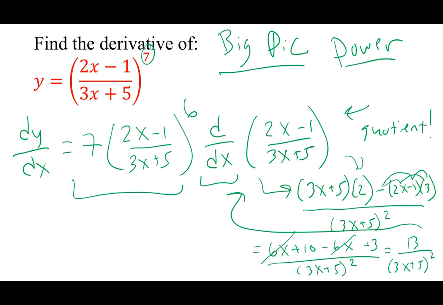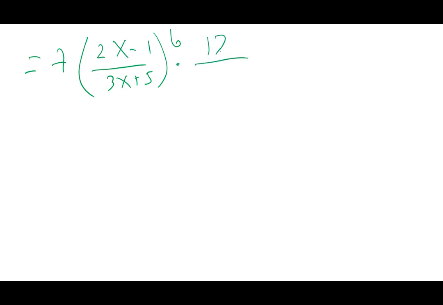So I'm going to put all that together on the next screen. The derivative started as 7 times (2x minus 1 over 3x plus 5) to the 6th. Then I had to do the derivative of the inside, which turned out to be the quotient rule, which turned out to be 13 over (3x plus 5) squared.